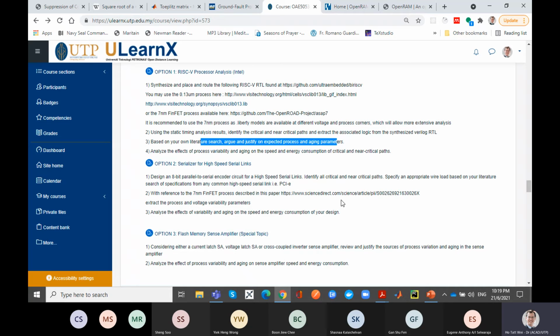Or let's say you talk about voltage variation, you see that this one voltage variation is this. Or maybe you can look at the distribution of your mean delay and max delay. You can say, okay, most of my delays are 1 or 2 standard deviations away from the critical path or near-critical path. So I only need to fix the critical path, bring that down, and then it's going to be less variable.